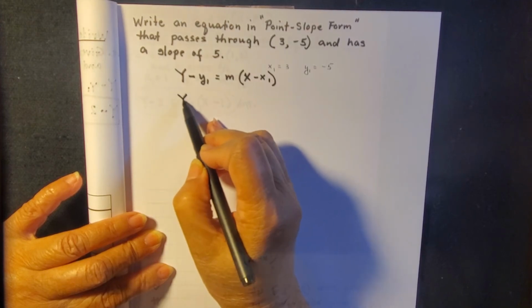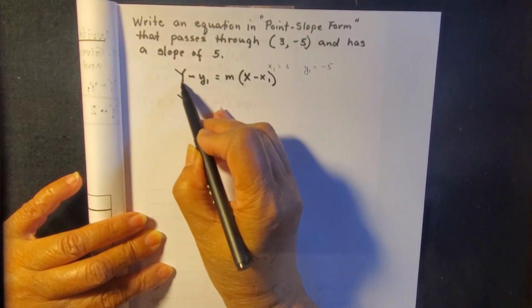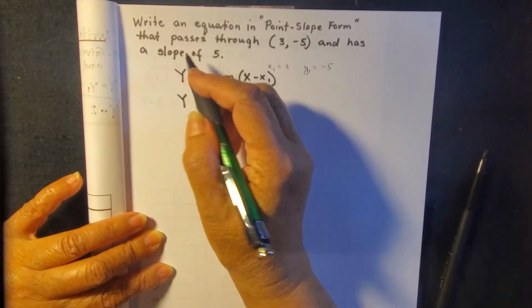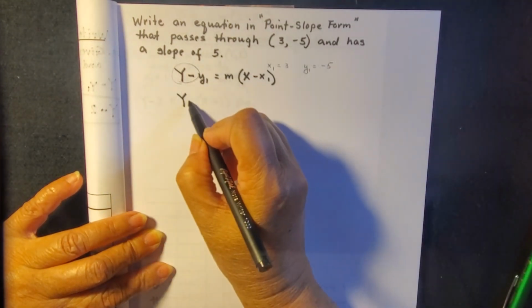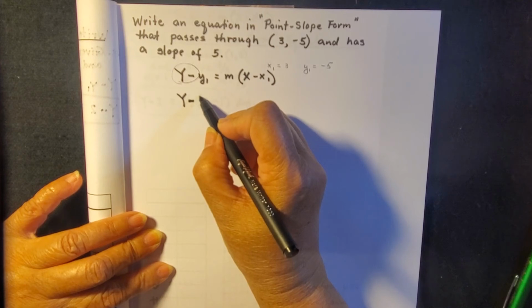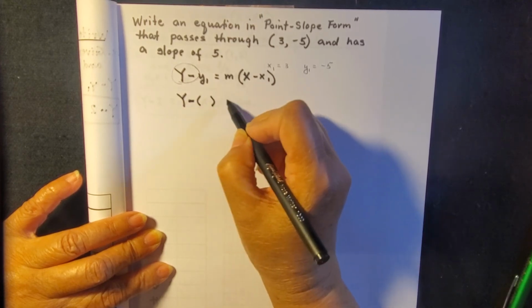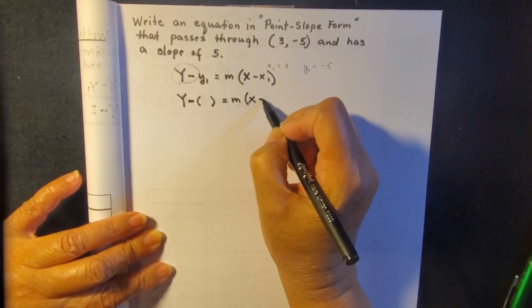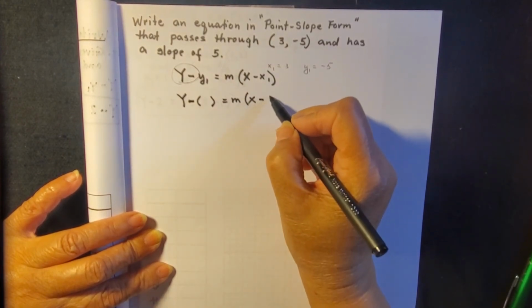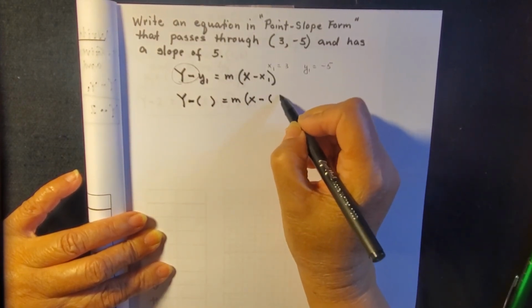So I copy down y. I copy this, which is part of the formula: y minus y1, and then m, x minus x1.